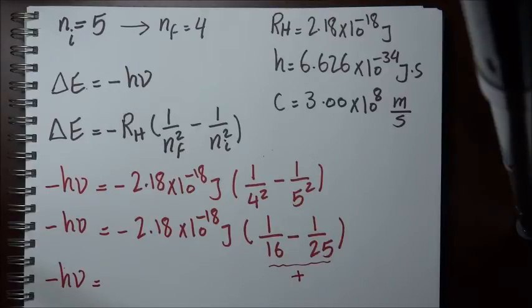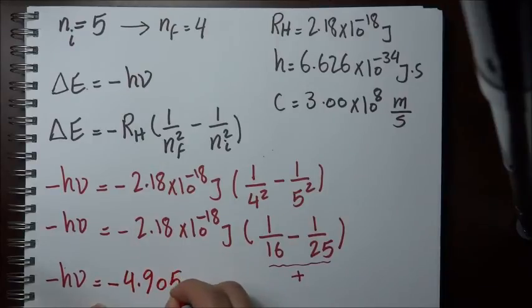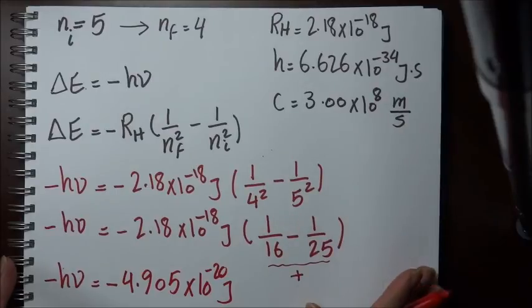We got minus h nu is equal to minus 4.905 multiply 10 to the power of minus 20 joule. Minus to minus will be positive, so h nu is equal to positive number.